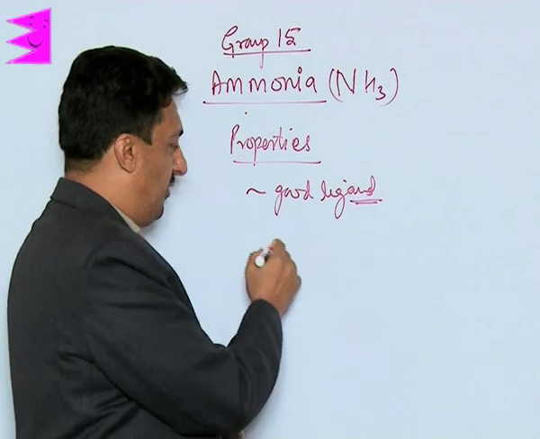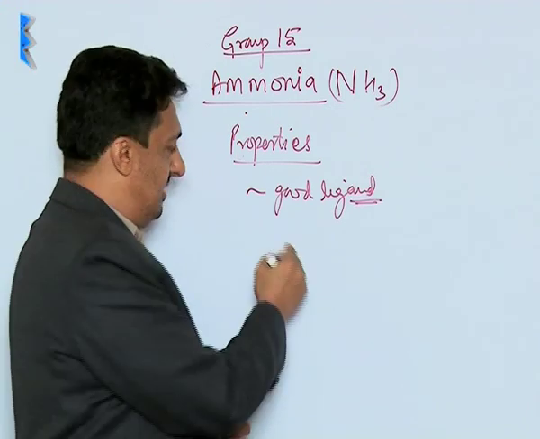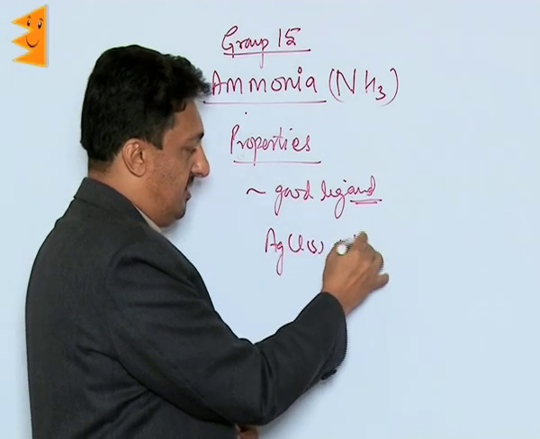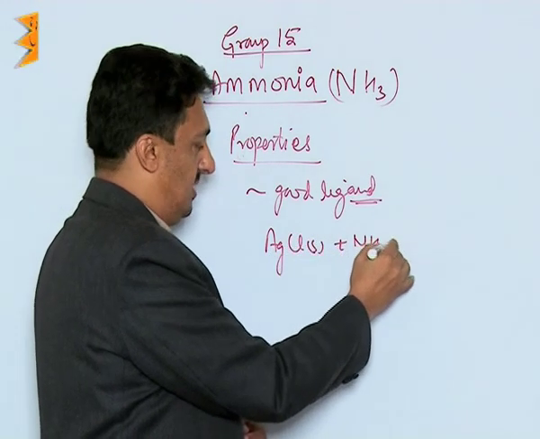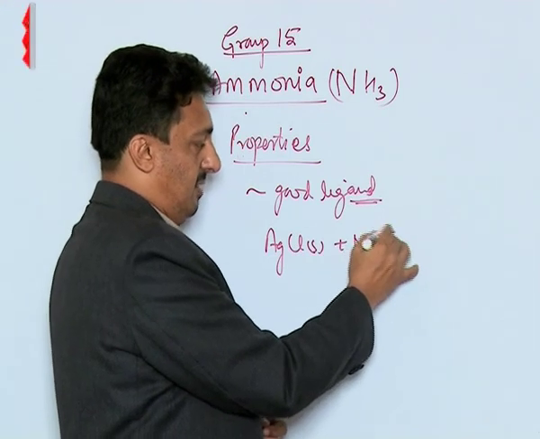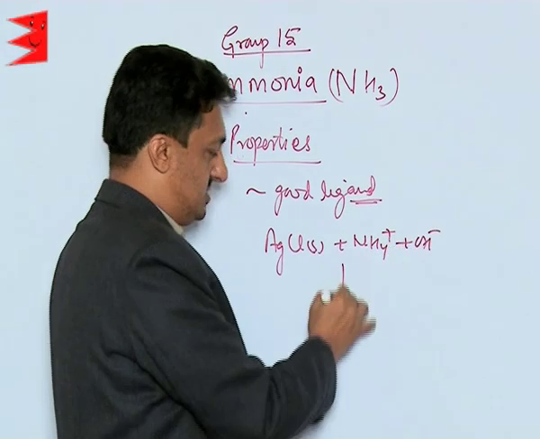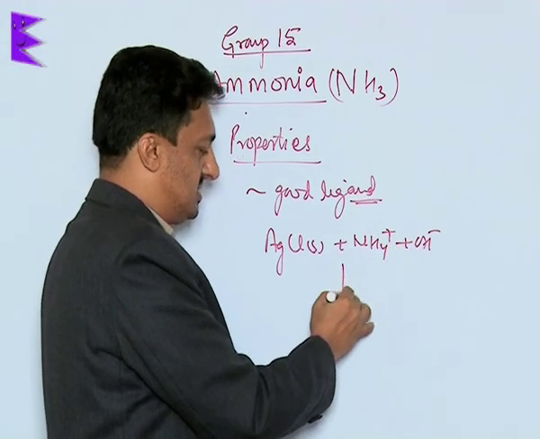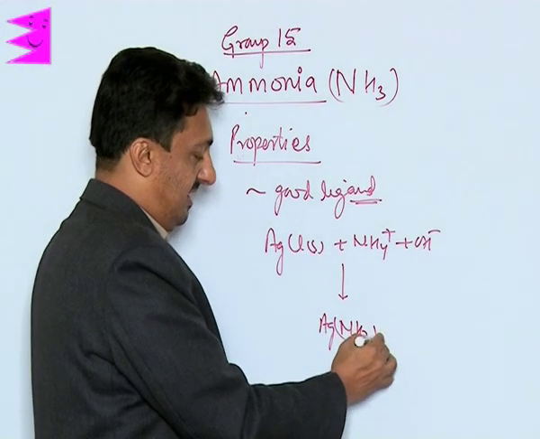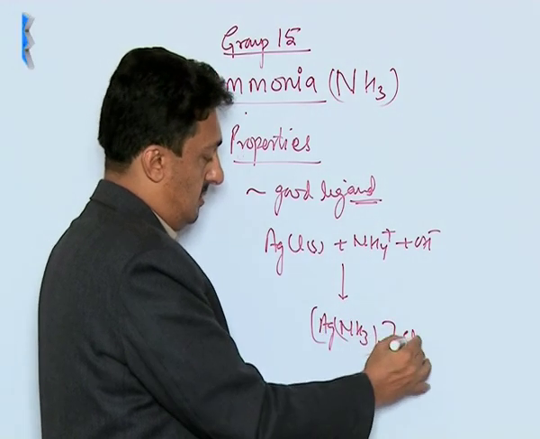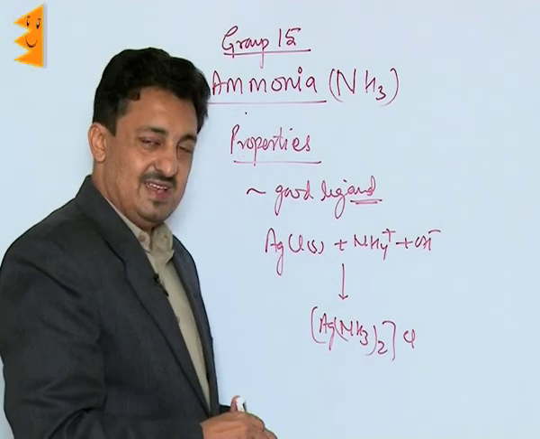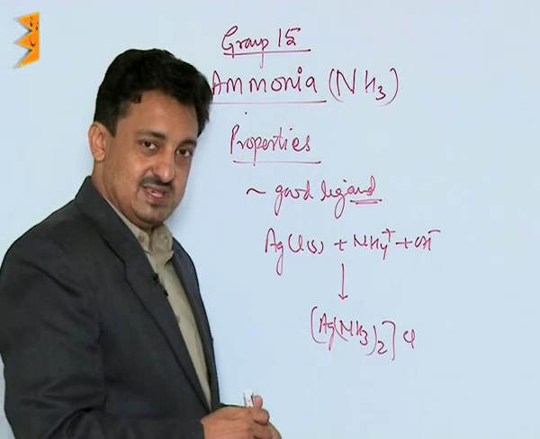So it very readily forms complexes with salts, like if we have AgCl in solution and we treat it with ammonium ions, ammonium plus OH minus, we find it very easily forms complexes like this one. So it has a very strong complexing tendency.